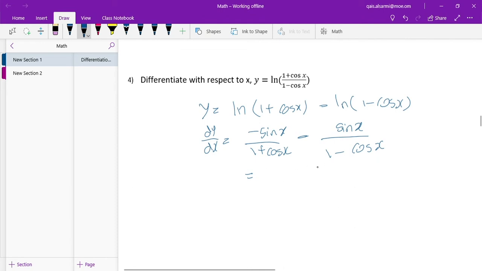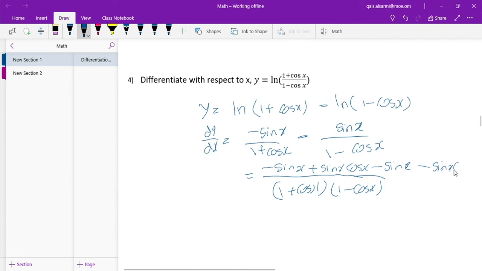Or if you want, multiply the denominators to get 1 plus cosine, and here 1 minus cosine. Cross multiply leads to negative sine, positive sine cosine, and here the cross multiplication will be negative sine again, negative sine cosine will be cancelled.